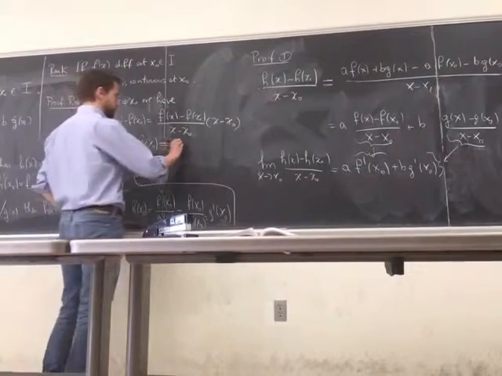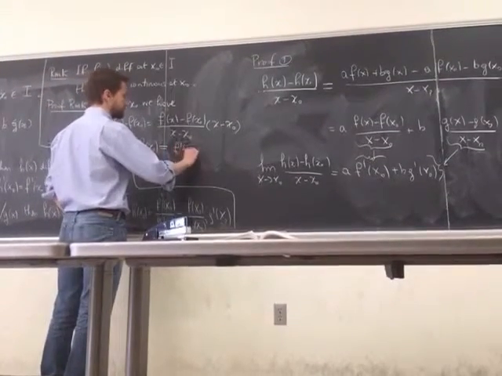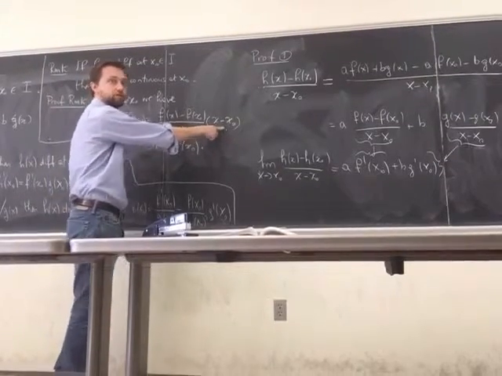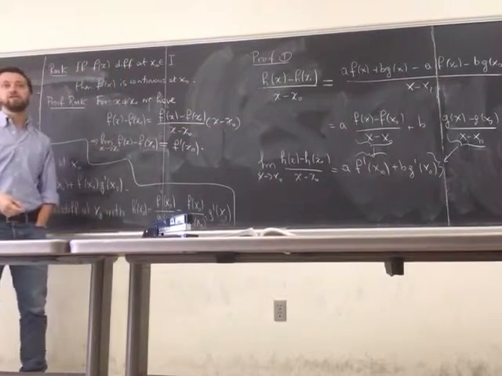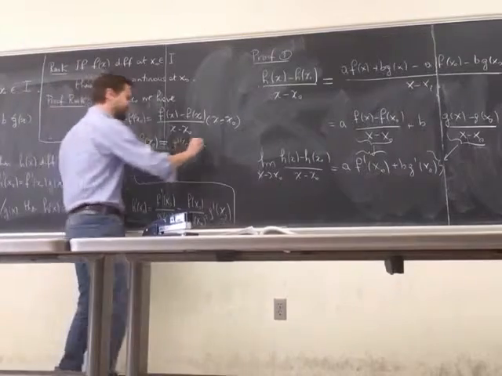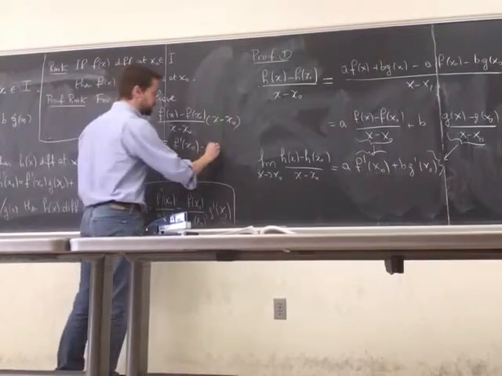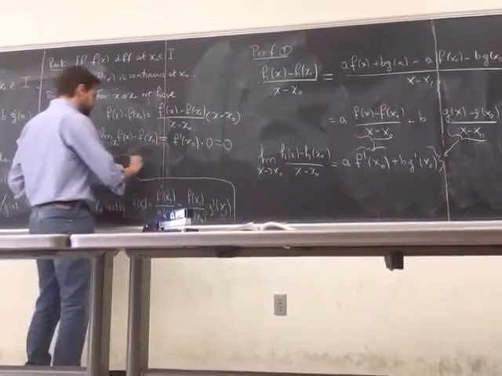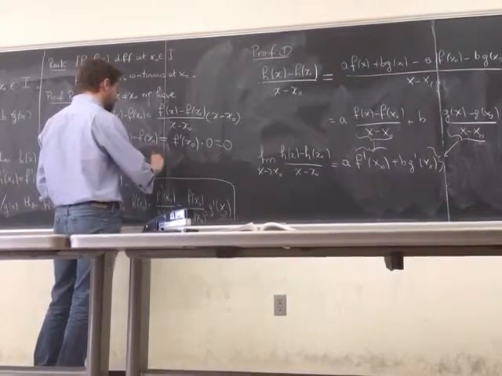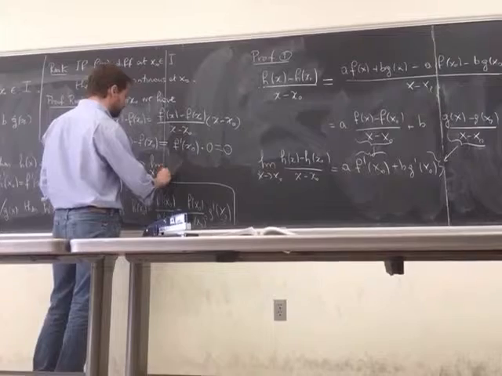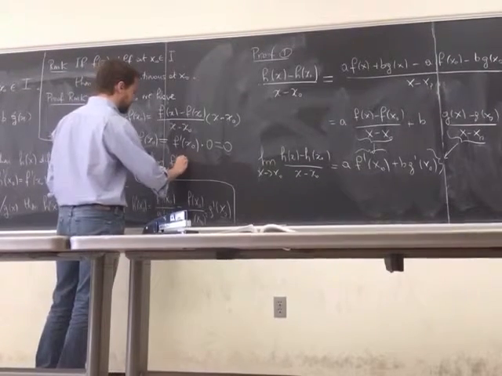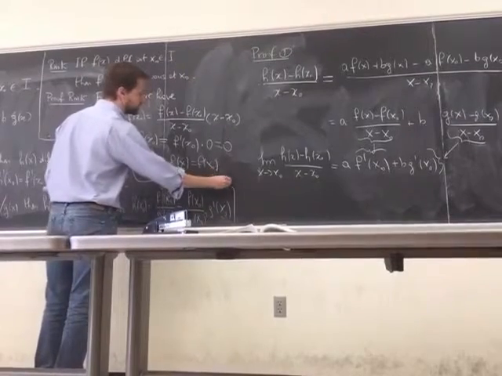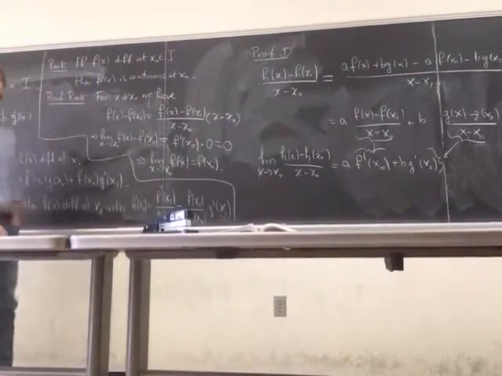So this will be f prime of x naught times the limit of the second factor. What is the limit of the second factor as x goes to x naught? It's 0. So the limit is 0. But saying that this limit is 0 exactly means that the limit as x goes to x naught of f of x is equal to f of x naught. So it means that your function is continuous.